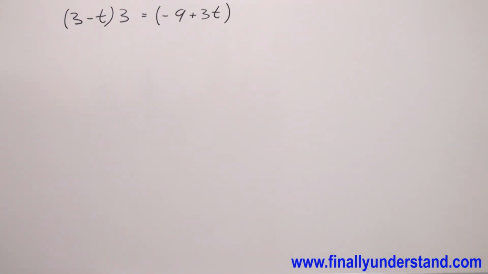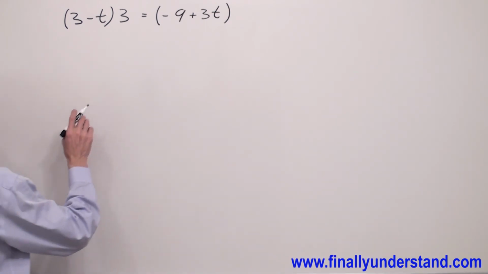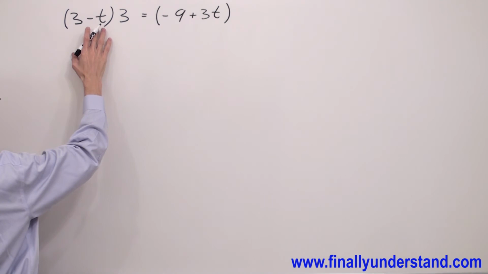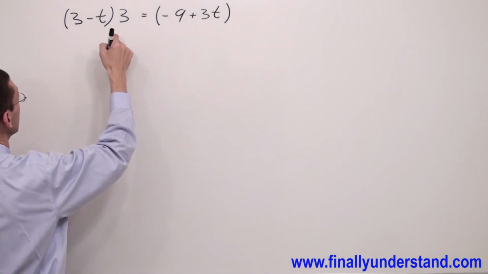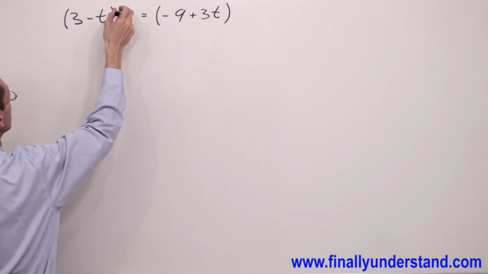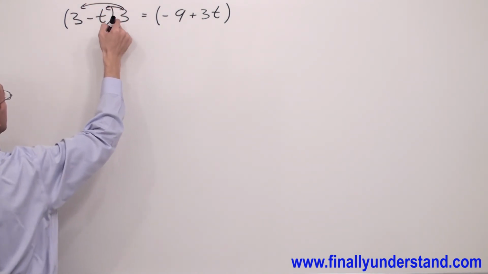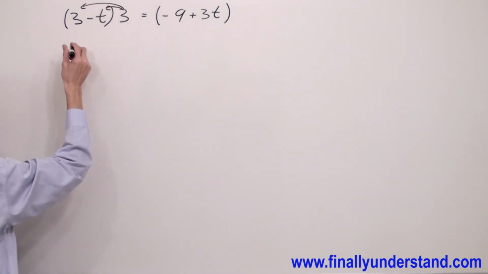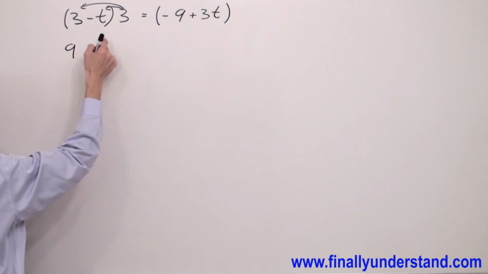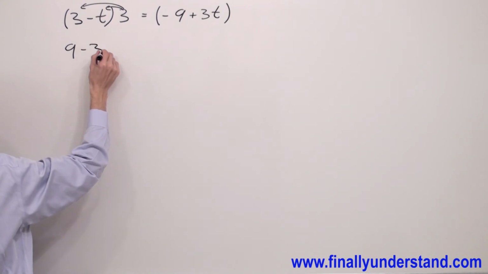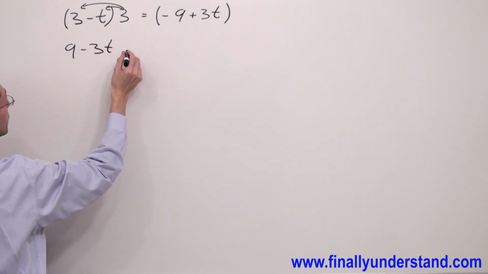Let's take a look at this example. We have t inside of the parenthesis on the left side of the equation and on the right side. On the left side, we have to apply the distributive law in order to eliminate the parentheses. And I have 3 times 3 is equal to 9. 3 times -t is -3t.